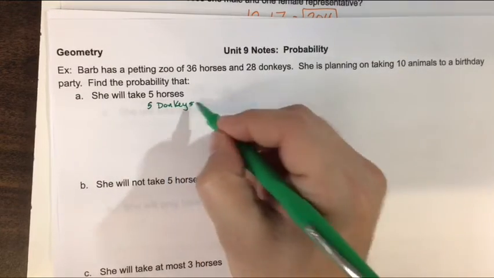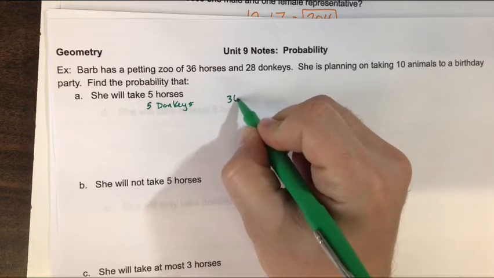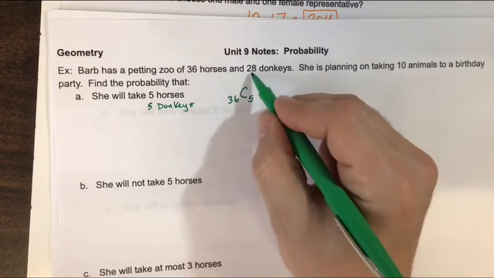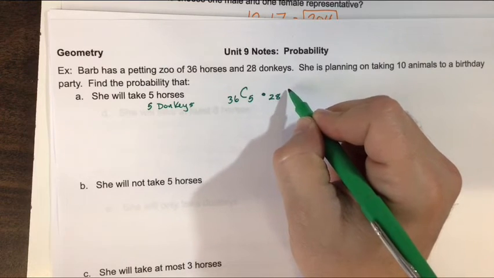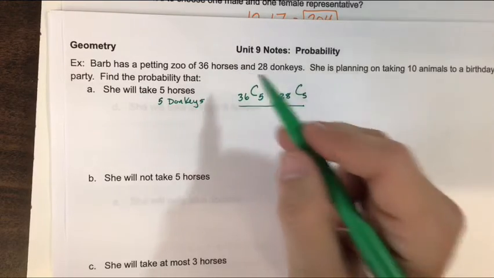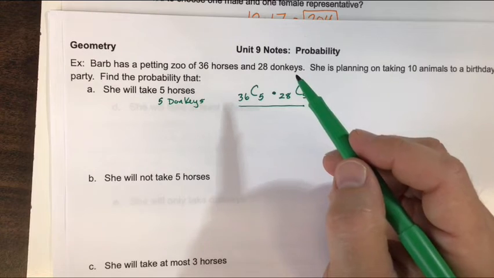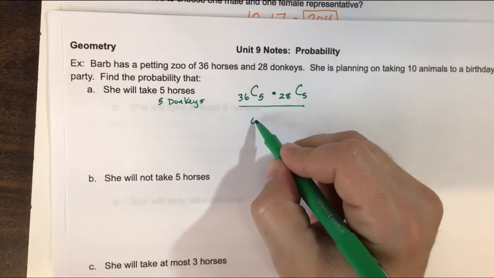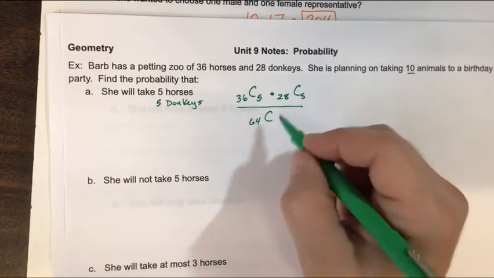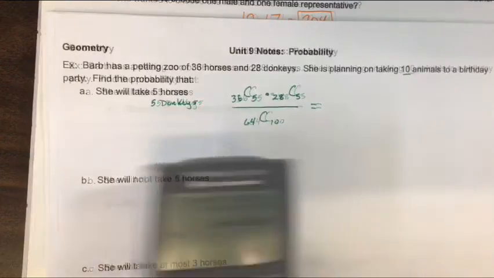All right? So that would be our combined for the first option: 36 horses doing a combination of 5 of them times 28 donkeys, doing a combination of 5 of those, out of our total number of animals. So if we added those two numbers together, 36 plus 28, that's a total of 64 animals. We're doing a combination of 10 of them. And we can enter that in the calculator like this.